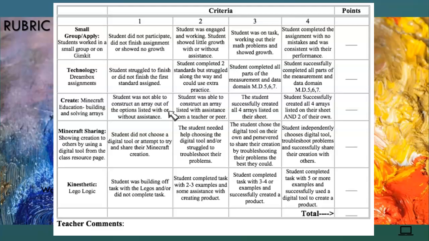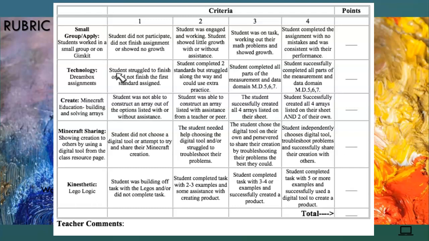Students also are receiving a rubric. They keep this in a page protector and can use a dry erase marker. They keep track of their work and what they believe is their score for their performance.